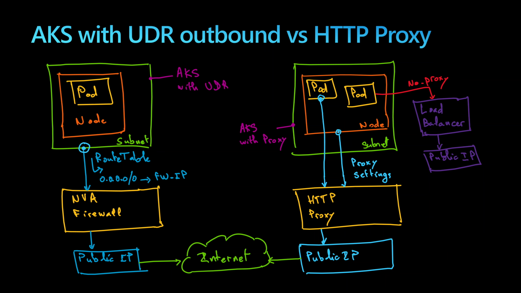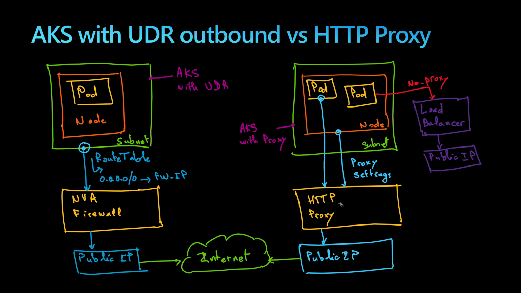We have seen that we can do a similar configuration using the UDR outbound mode in Kubernetes, where we can create an AKS cluster that uses the UDR mode for the outbound type, and that will force the traffic to be routed through an NVA or a firewall when we use a route table that will route all the egress traffic to the firewall IP address, and from the firewall the traffic will go through the public IP address to the internet. Here we can achieve the same thing but without using an NVA or a firewall, but with using an HTTP proxy server.